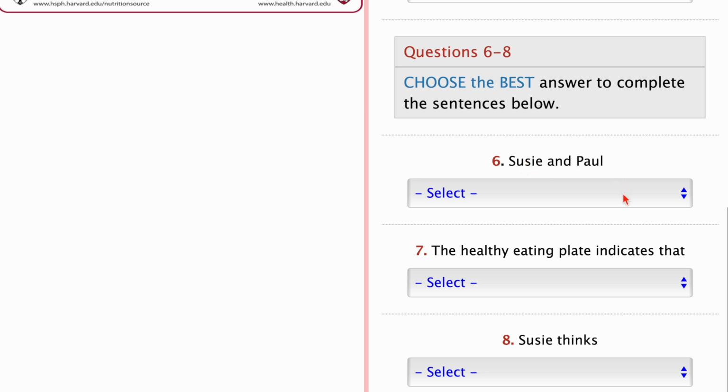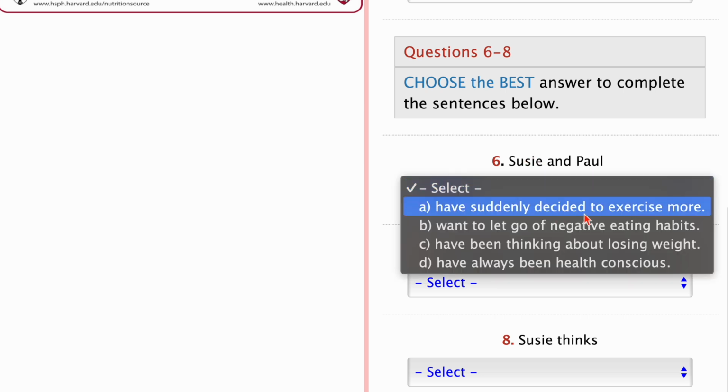Susie and Paul have suddenly decided to exercise more, want to let go of negative eating habits, have been thinking about losing weight, have always been health conscious. What do you think? Well, it's not A because it's not really about exercise.